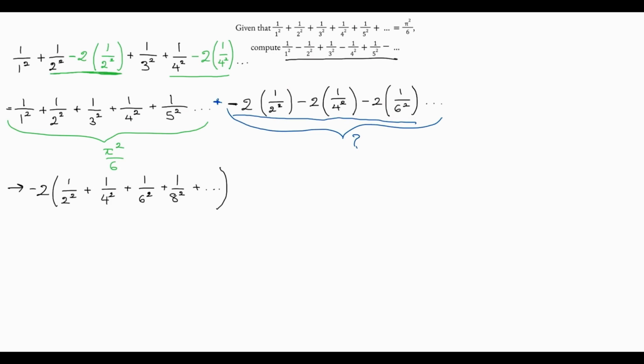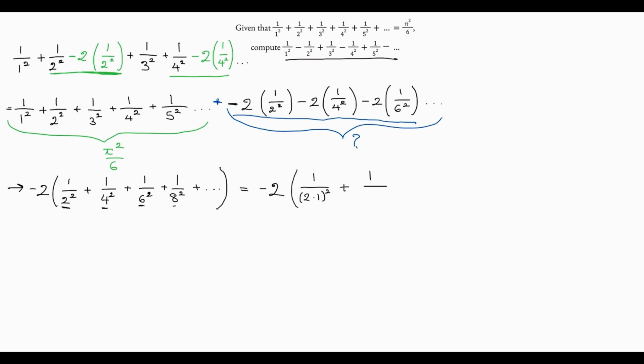Now we see that each denominator has an even base. So let's rewrite each base with its factors. So this expression will become -2 times 1 over, and in our denominator we have 2 squared. Now 2 can be written as 2 times 1, and we'll square that.